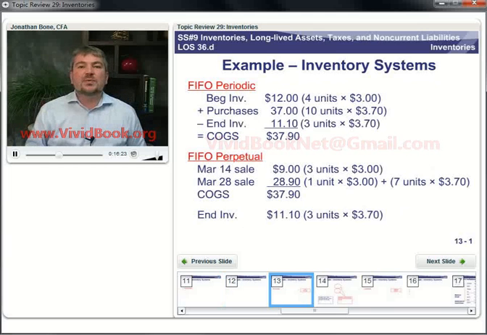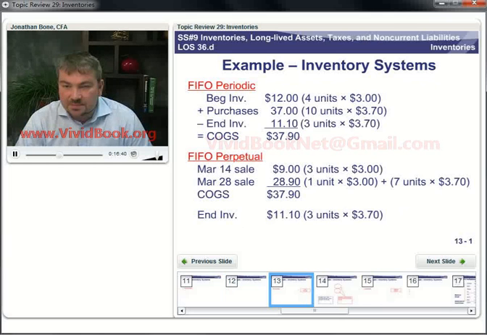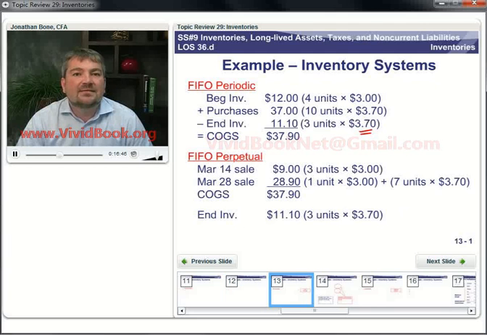Beginning inventory was 4 units times $3, giving us $12. We made 10 purchases in the year at $3.70, so 10 times $3.70 gives us $37. And under FIFO, first in, first out, our ending inventory would be 3 units valued at the most recent purchase prices, and that, of course, was those 10 units bought at $3.70. So 3 units at $3.70, giving us $11.10.